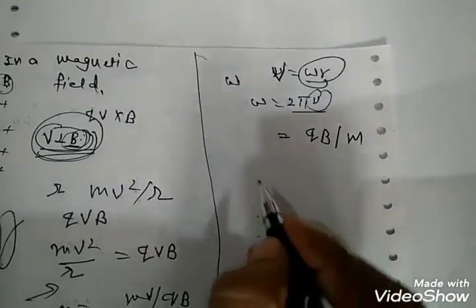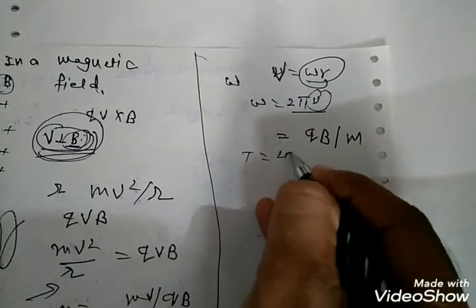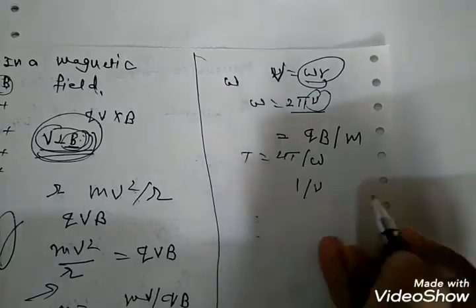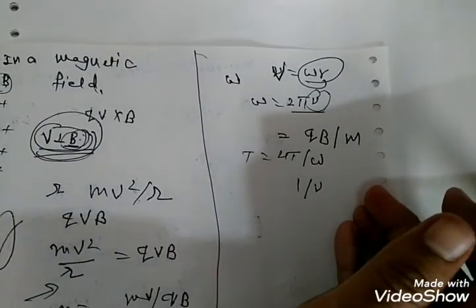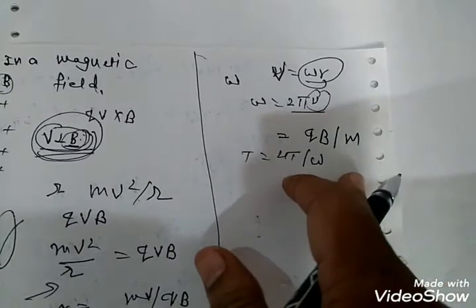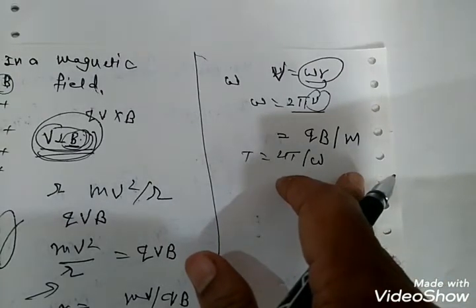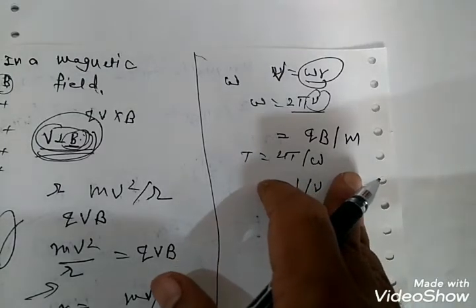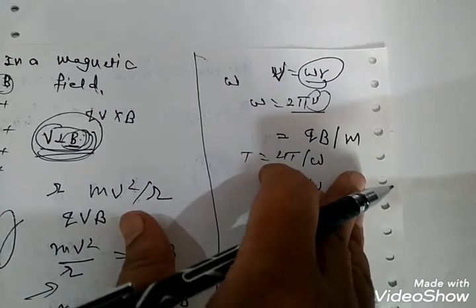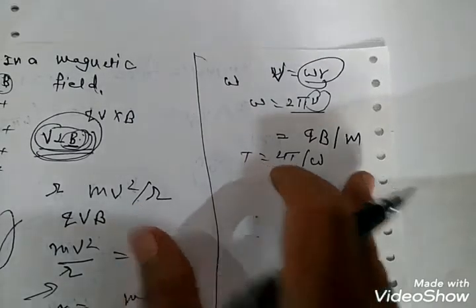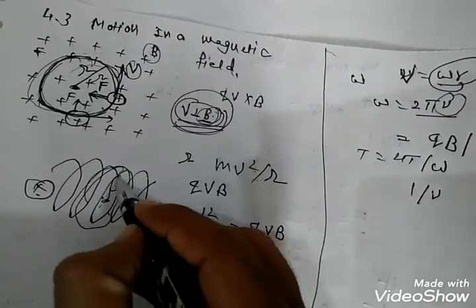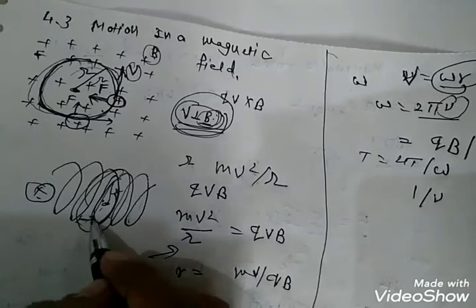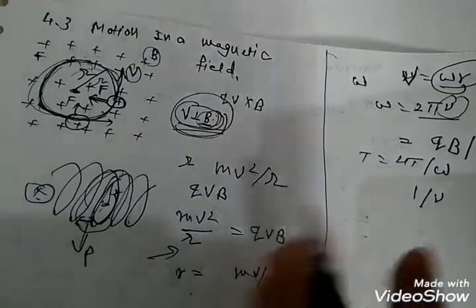Now the period of revolution T is equal to 2 pi upon omega, which means 1 upon nu, the frequency. If there is a component of velocity parallel to the magnetic field, the distance moved along the magnetic field in one rotation is called the pitch. This is the distance between two successive turns.